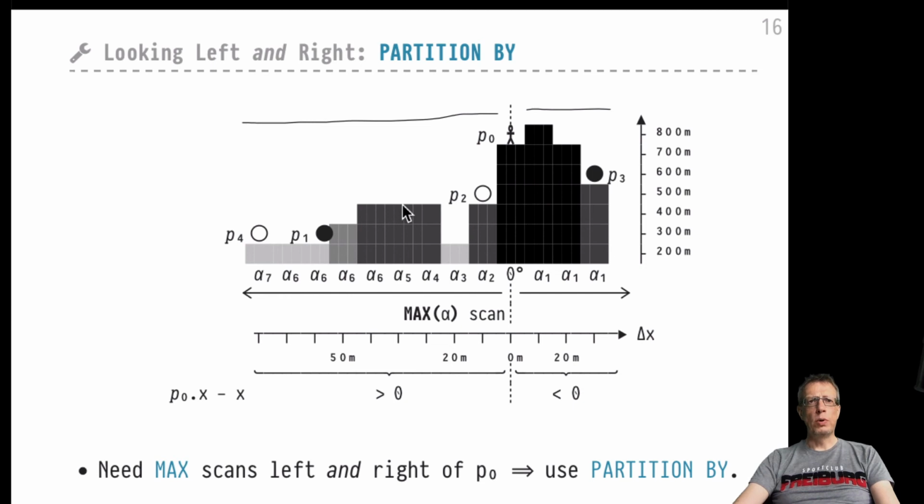Okay, so we would just proceed as before, but we would need to make sure that we are aware of the fact that we are either to the right or to the left of our viewer. We would still perform max scans, scans that go along the direction of increasing distance from our viewer.